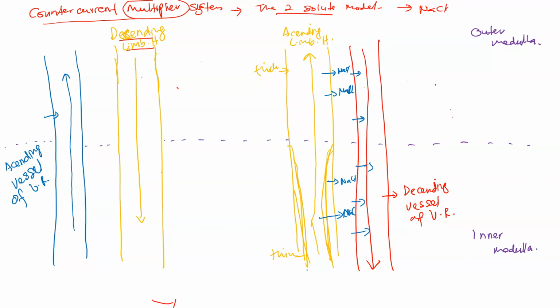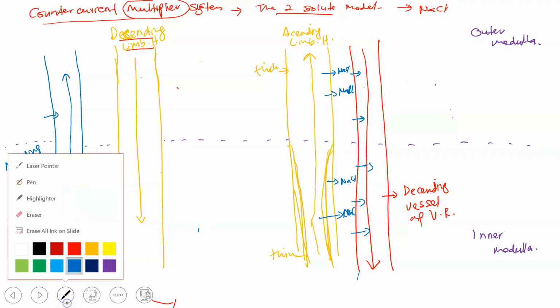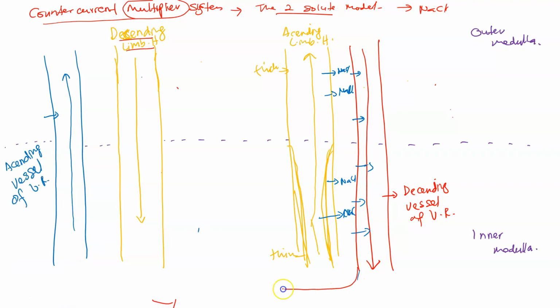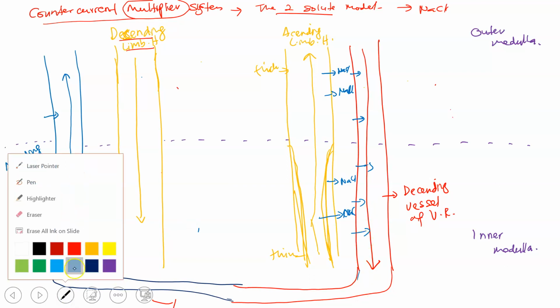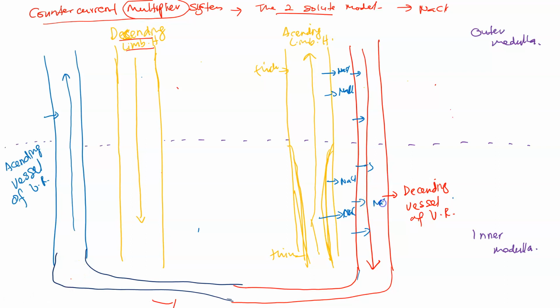So descending vasa recta dia akan naik semula kan, dia akan berjumpa semula dengan ascending. So, sodium chloride yang dah masuk dalam darah ni, dia masuk dalam darah.